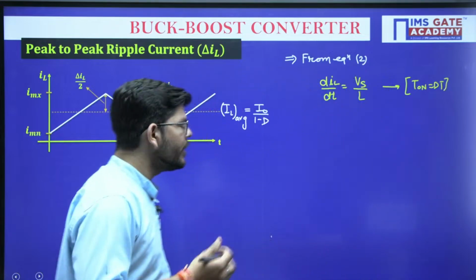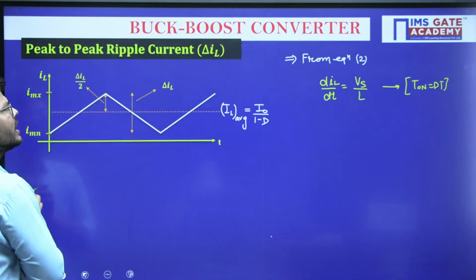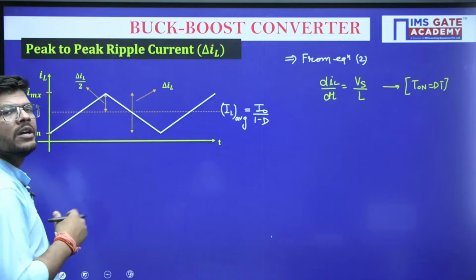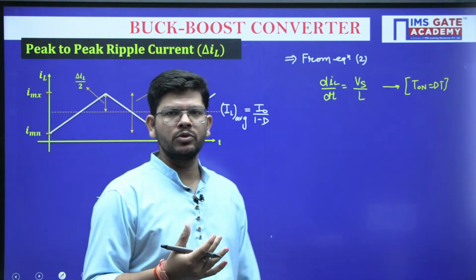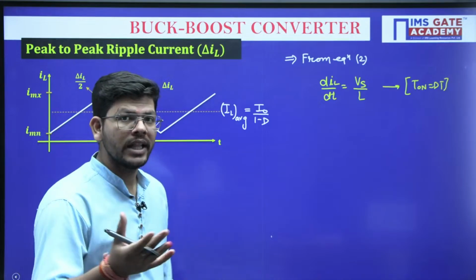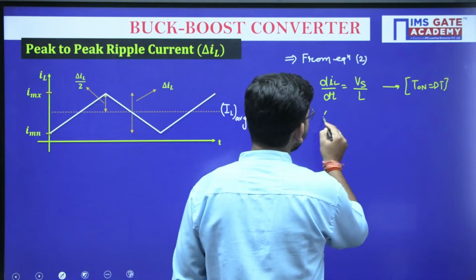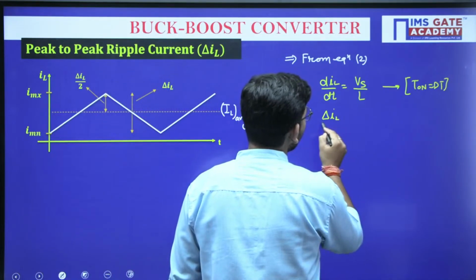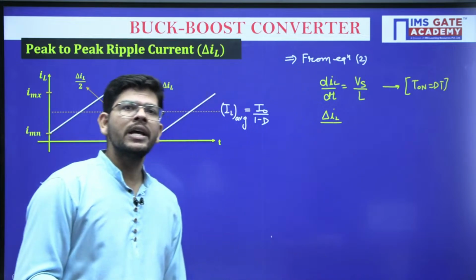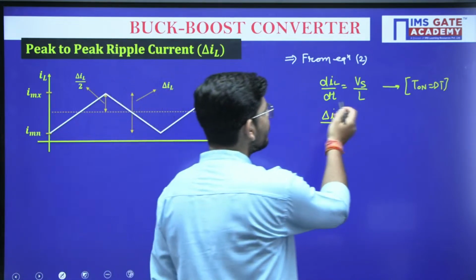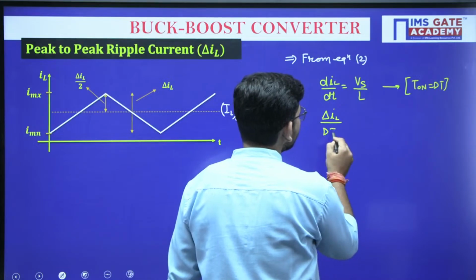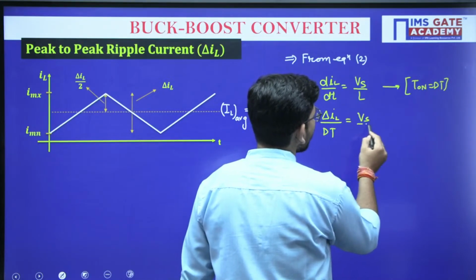During the on time, the inductor current changes from I min to I max. So the change is I max minus I min, that is delta IL, and this change is happening in the time T on, that is dT, and this will be equal to Vs upon L.